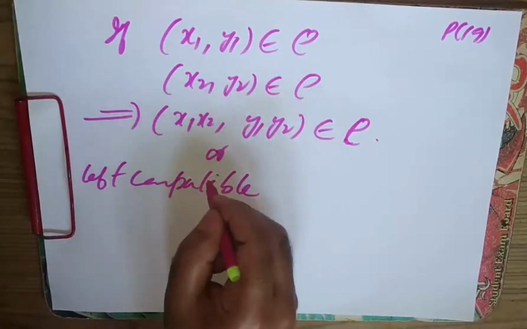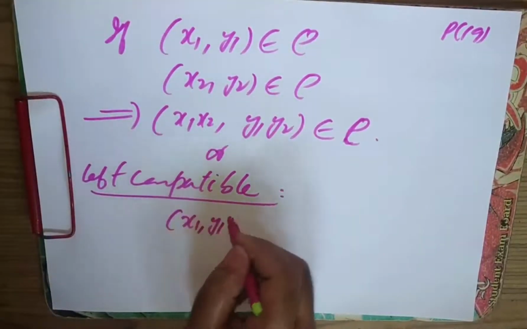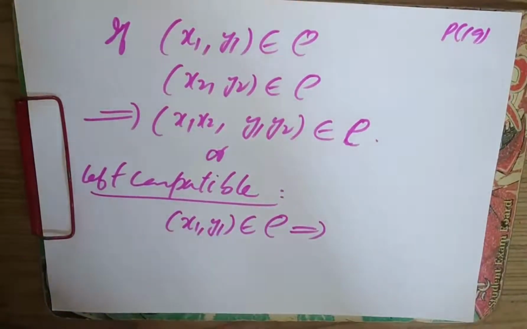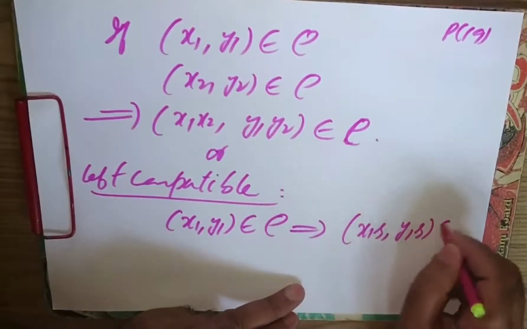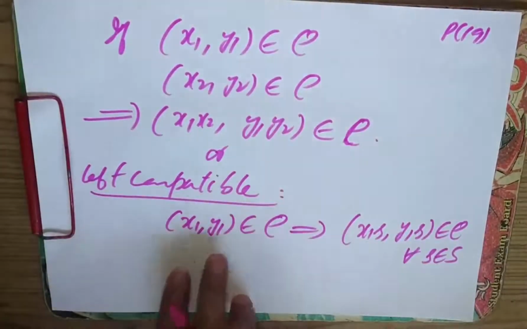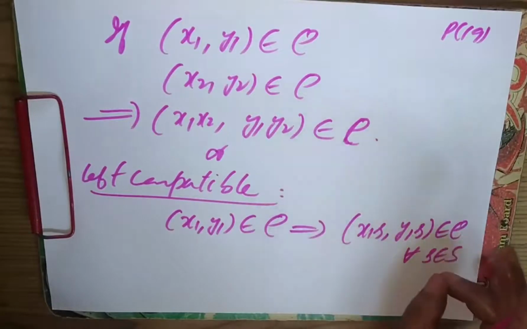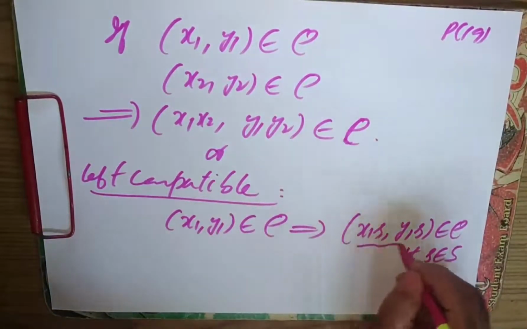What is left compatible? By left compatible we mean that x1 comma y1 belongs to rho implies that s x1 comma s y1 should also be in rho for all s in S. Here x1 is in S, y1 is in S, but we can multiply by any element of S on the left side, and the resulting pair still belongs to rho.